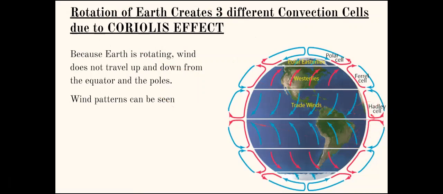You're noticing that the warm air rises, cools down as it goes to 30 degrees, and then flows back to the equator. The Ferrel cell is from 30 to 60 degrees north and south. And the polar cell is from 60 degrees to 90 degrees, the North Pole and the South Pole over here.